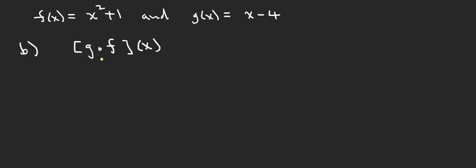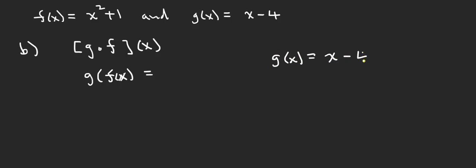Now we have g composition f. So this is the same thing as g of f of x. Now, what is our f of x? f of x is x squared plus 1. So in order to do g of f of x, you have to realize that g of x is x minus 4.